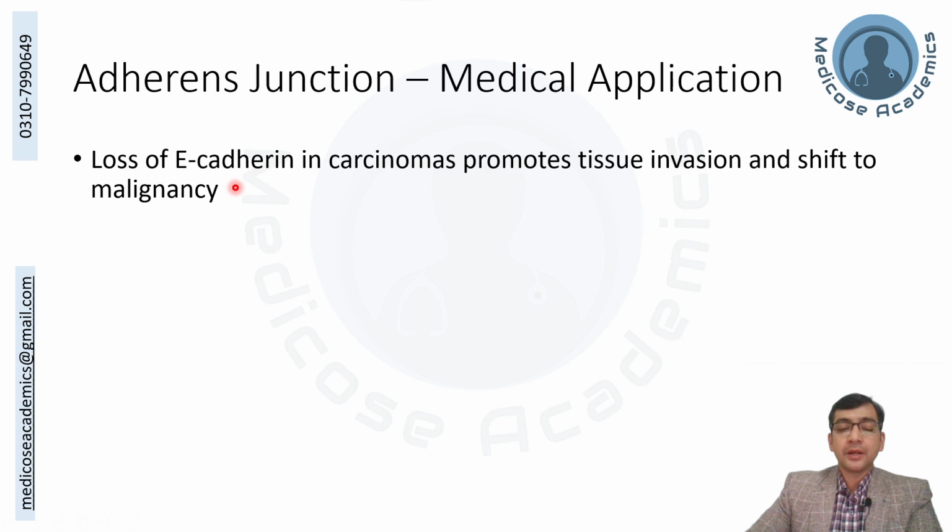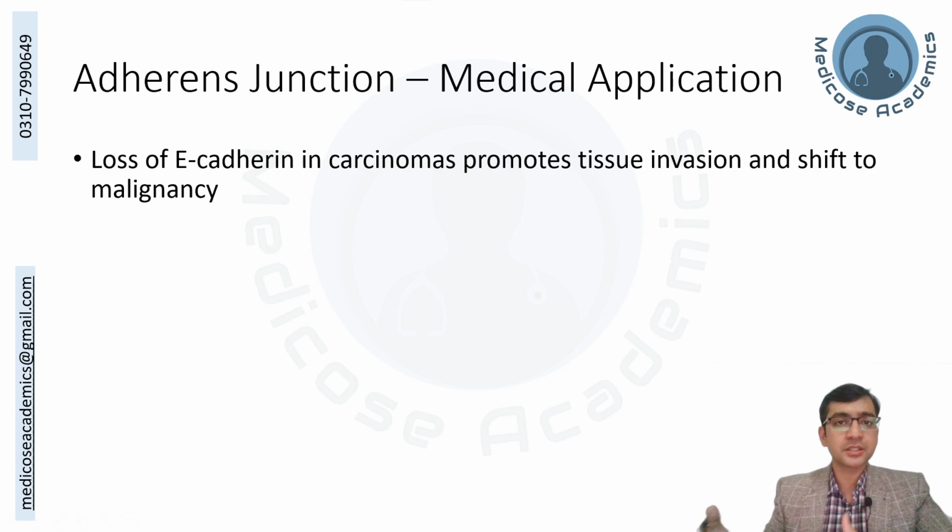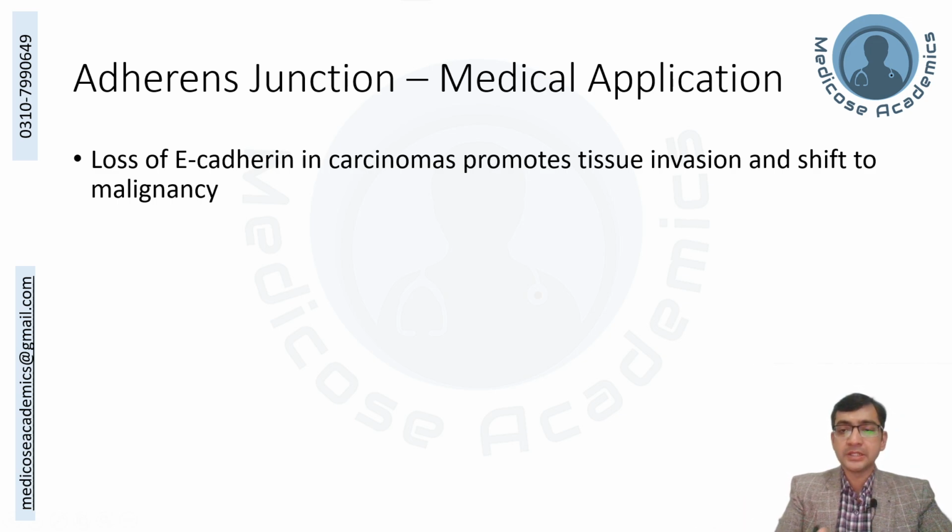Sometimes these are lost, and that allows the cells to break away from one another, and that is very true in the case of tumors. In tumors, the fascia adherens and zonula adherens are lost, which leads to cells shifting away from the epithelium and migrating to develop a malignancy.